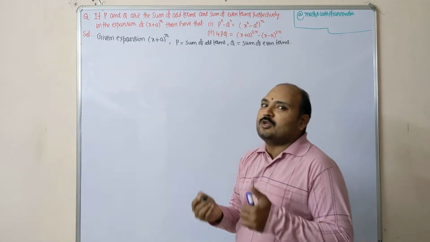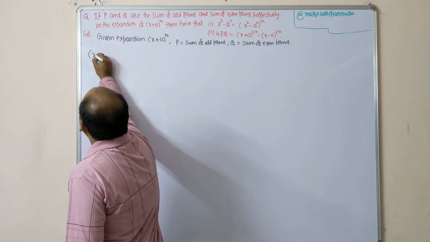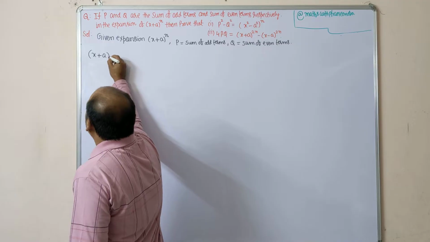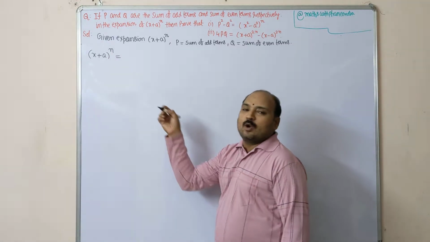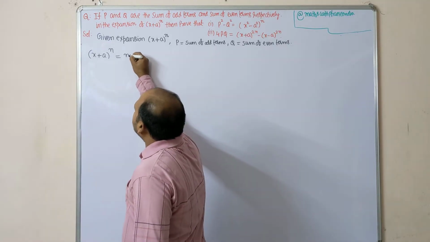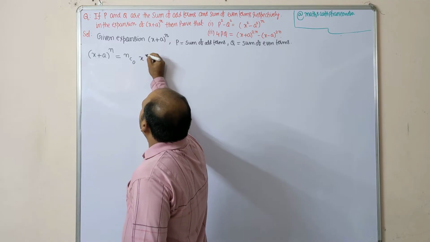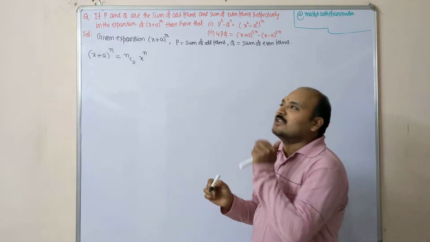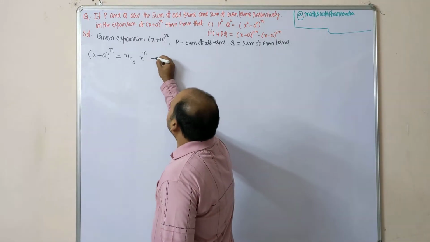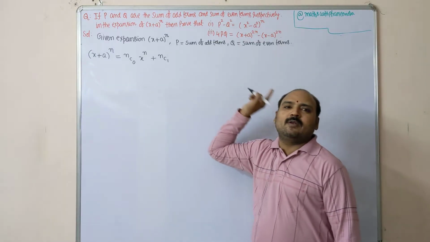So now I am going to write the expansion of (x plus a) whole power n. Observe carefully, dear students. Binomial expansion, you already know how to write. (x plus a) whole power n equals nC0 x power n minus 0 a power 0, so x power n, we can stop it there. Plus nC1, whenever a plus is there, every term will be positive.